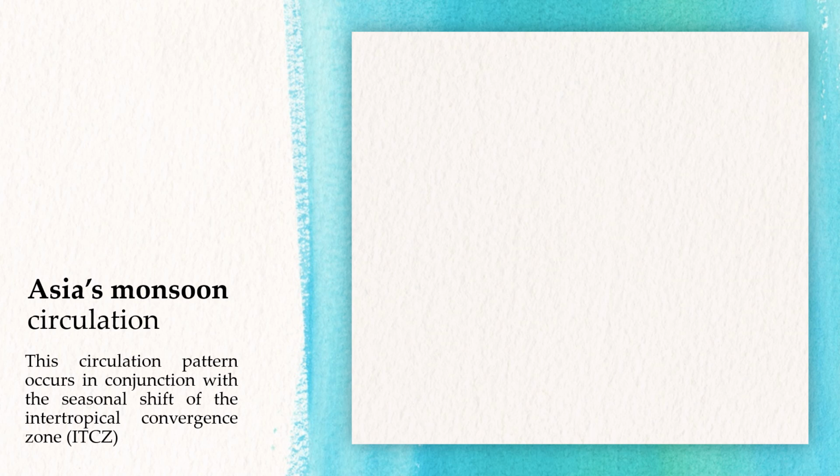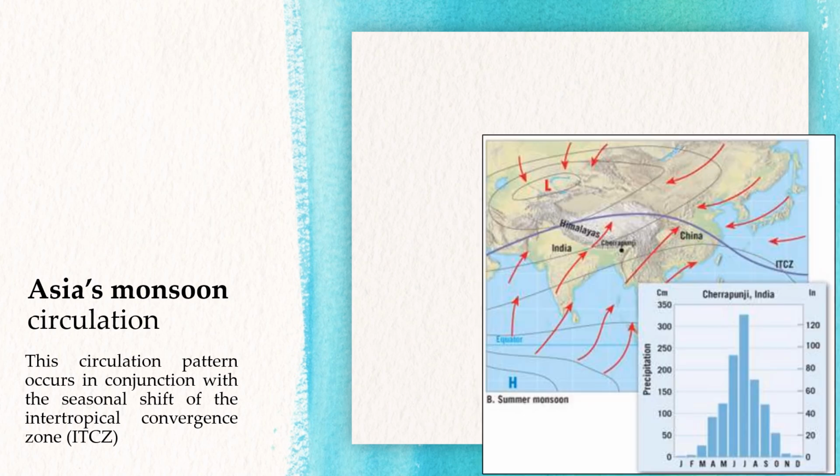In this Asian monsoon, the circulation pattern occurs in conjunction with the seasonal shift of the intertropical convergence zone. What you can see here in this picture is the onset of summer. With the onset of summer, the ITCZ moves northward over the continent, and this is normally accompanied by peak rainfall.